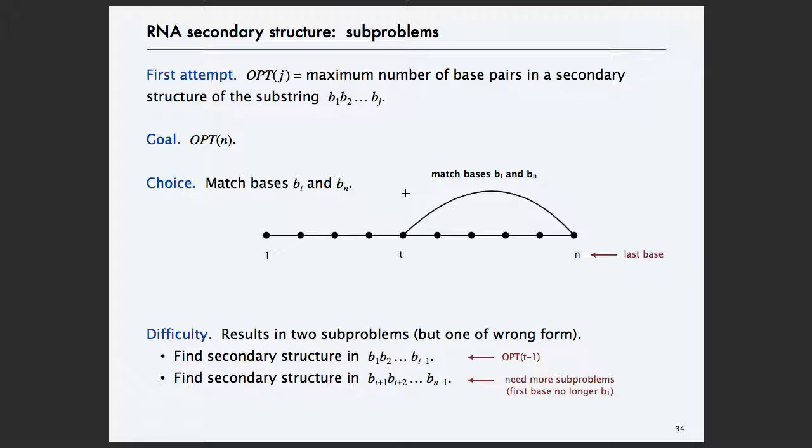So what can we do? Well, what I'm trying to find is the maximum number of base pairs in a secondary structure of a substring, right? I can say, okay, I'm going to try all of the possibilities. So match bases b_t and b_n, where n is the last one.